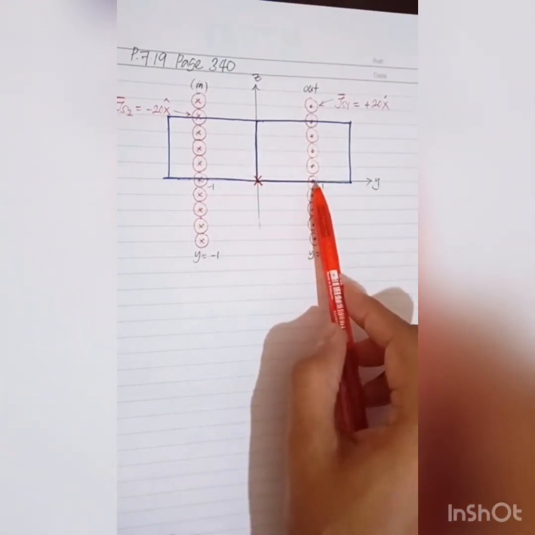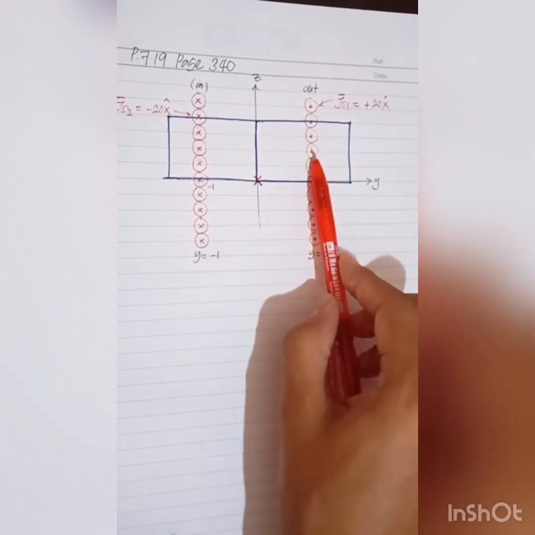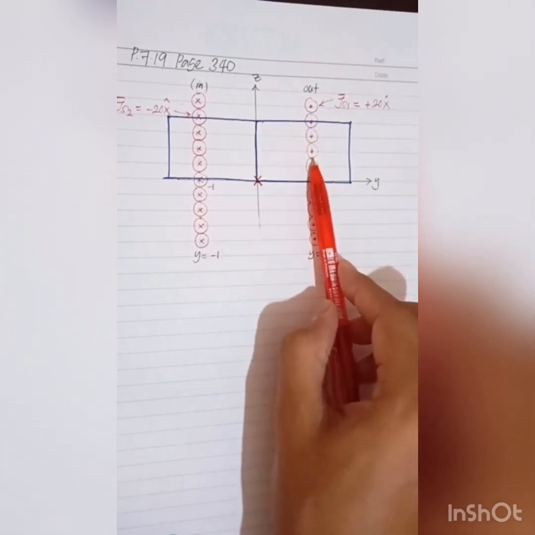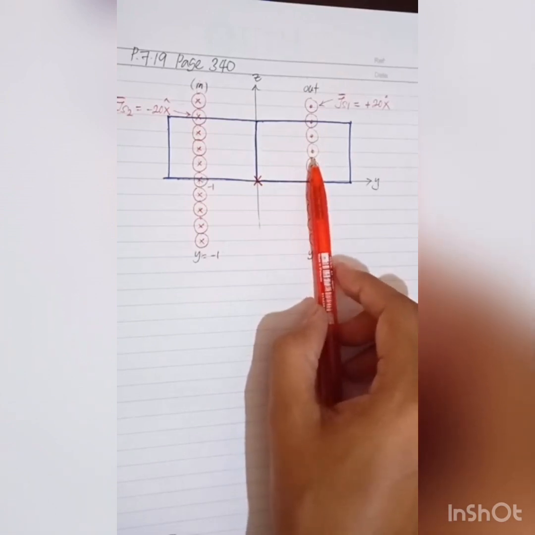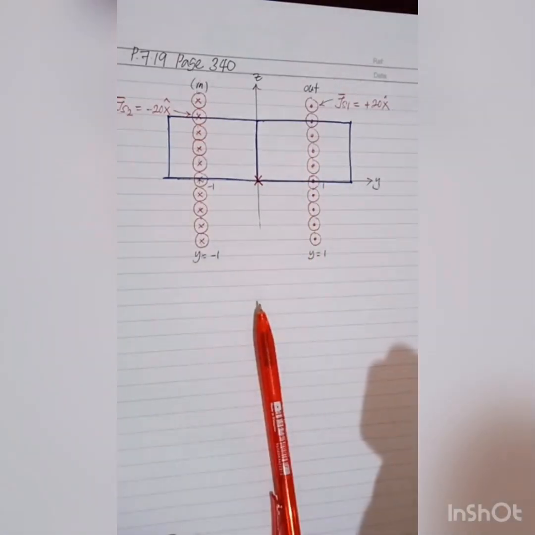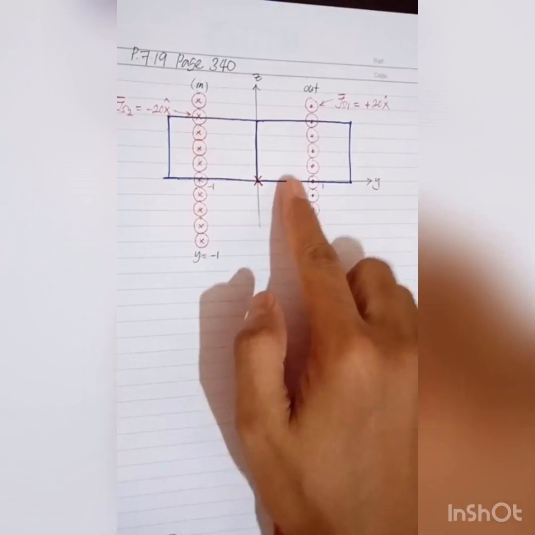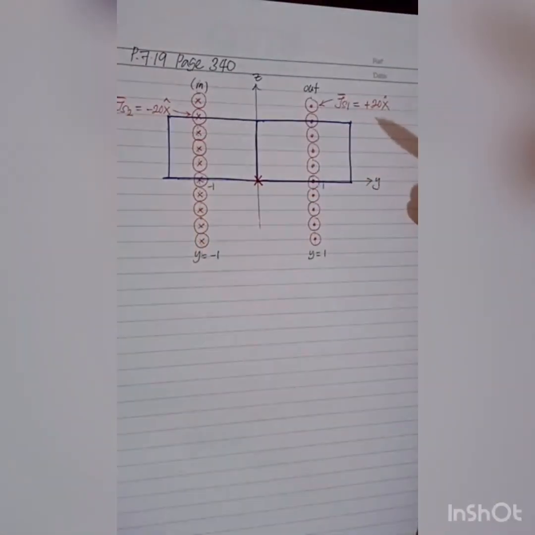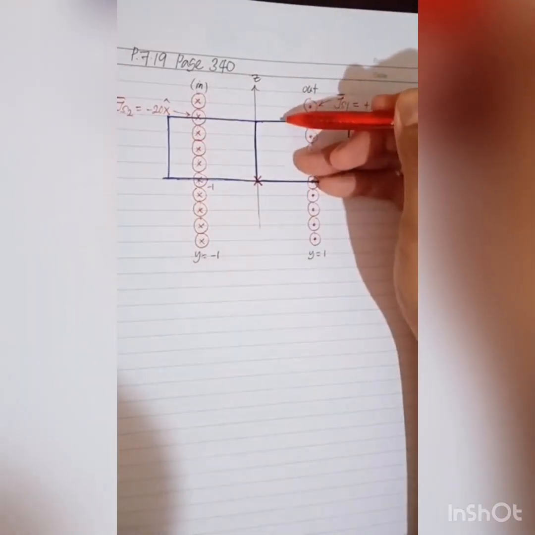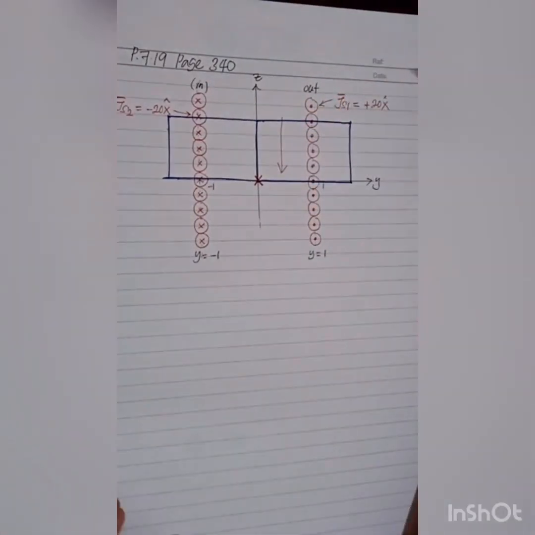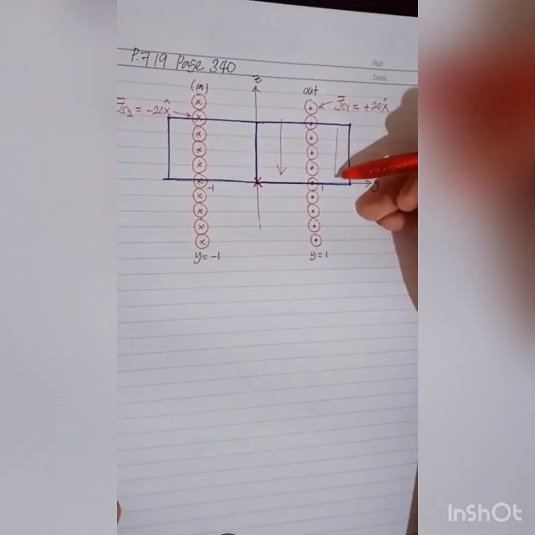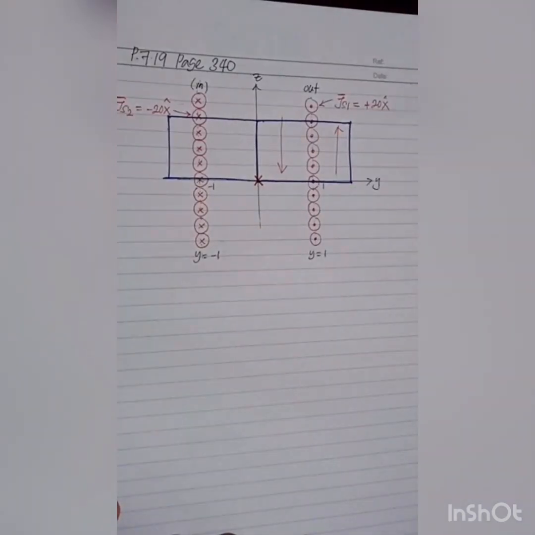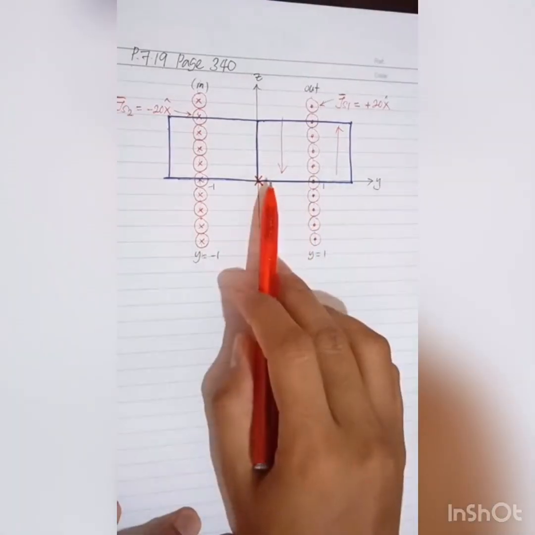Using your right hand rule, your right hand thumb represents the current direction, and the other fingers represent the H direction. If you use the right hand rule, you can see that the H field within this region is in the negative z direction, and for the other side over here, the H field goes in the positive z direction. Okay, that's the H field that appears within these two different regions.